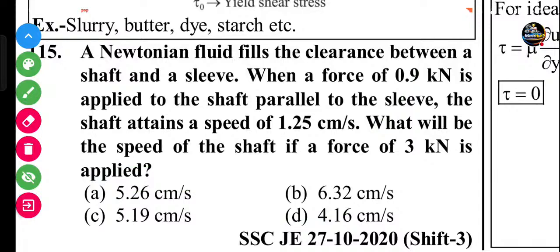Question number 115. A Newtonian fluid fills the clearance between a shaft and the slab. When the force of 0.9 kilonewton is applied to the shaft parallel to the slab, a certain speed is attained. What will be the speed of the shaft if the force is 3 kilonewton?